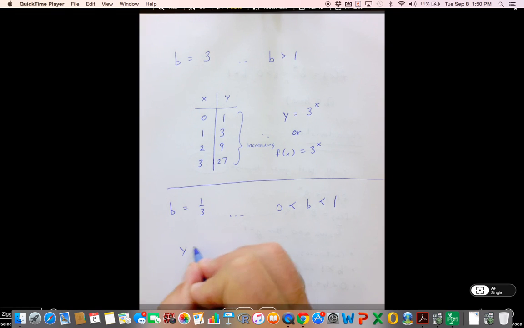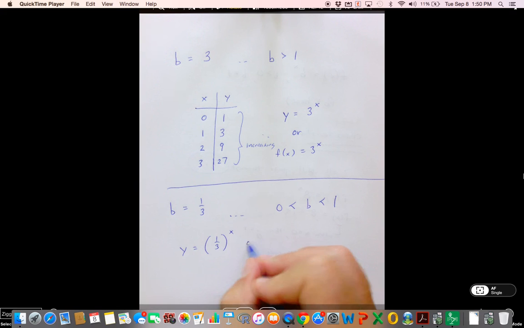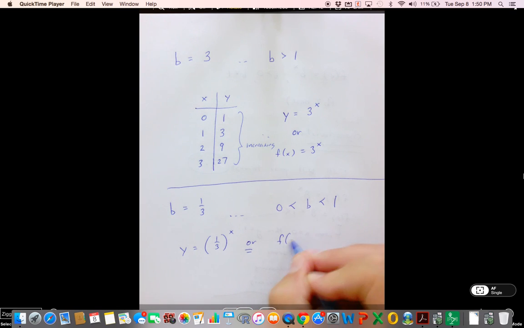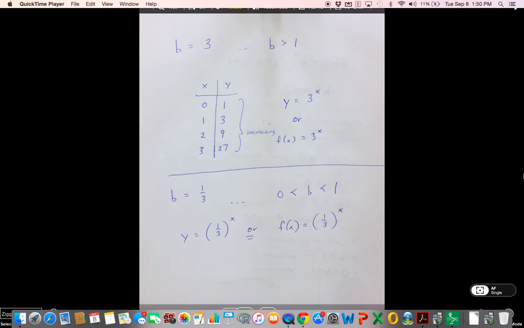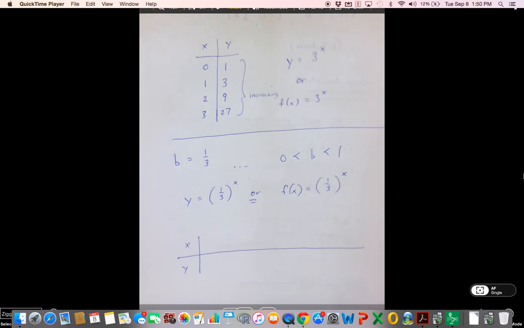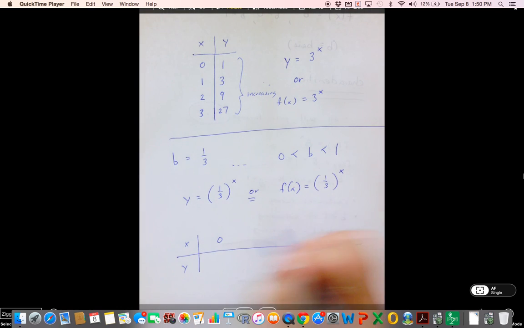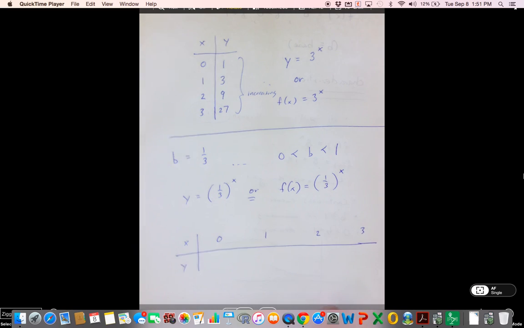So my function, or if we want function notation, which I prefer, f of x equal 1/3 to the x power. And I'm going to do my x's and y's horizontally here just because I'm running out of room, but I can still go 0, 1, 2, and 3 as my values.